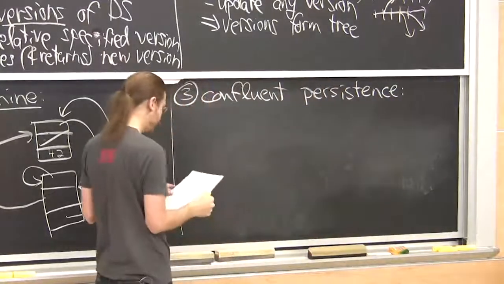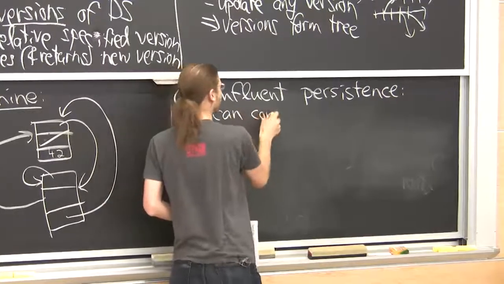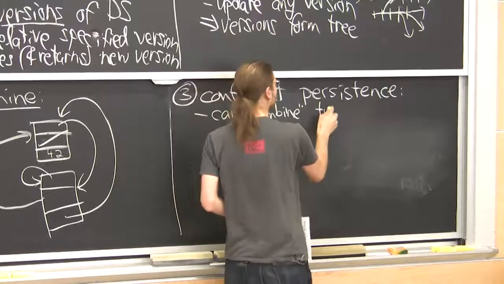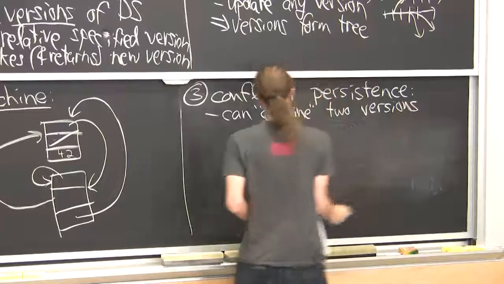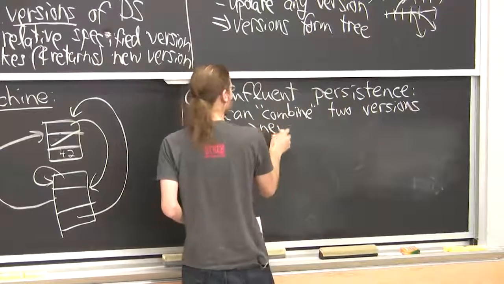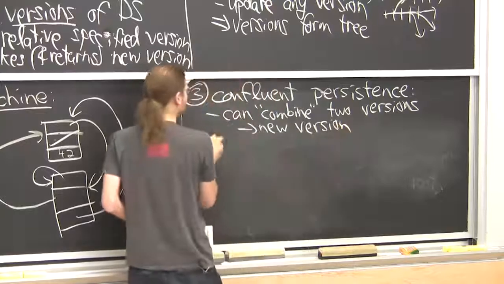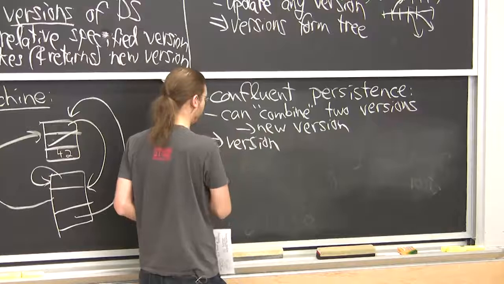In confluent persistence, you can combine two versions to create a new version. And in this case, again, you can't destroy old versions. In persistence, you never destroy versions.